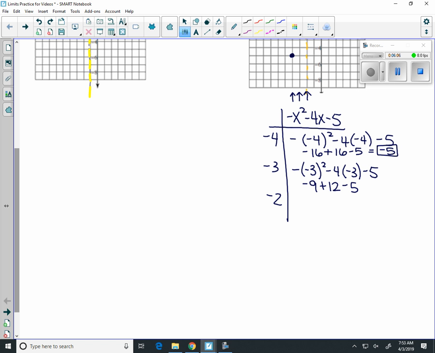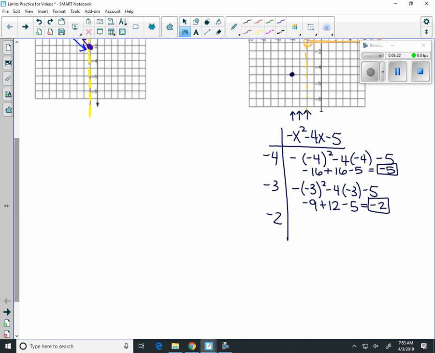So negative 9 plus 12 is positive 3 minus 5 is negative 2. So that ordered pair is negative 3, negative 2. That looks reasonable for an upside down problem.